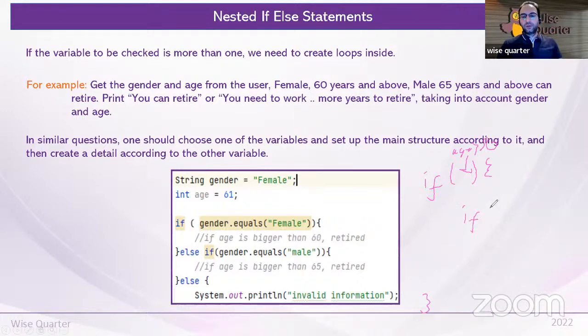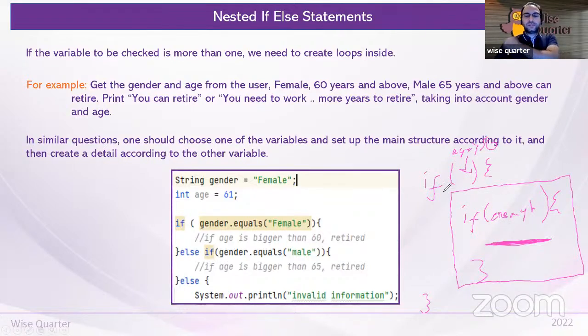If you have enough money, do something else. When you write code here, first it will check this condition. If it is true, it will check another one. This is called nested if, because as you can see, this inner if is nested inside the outer if statement.